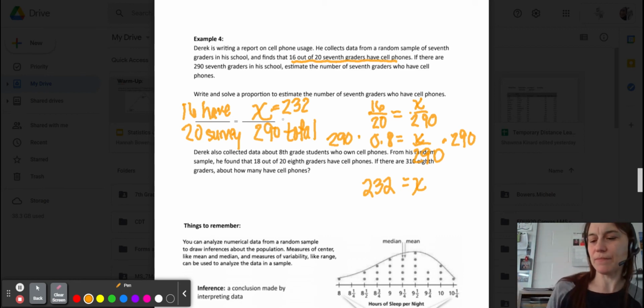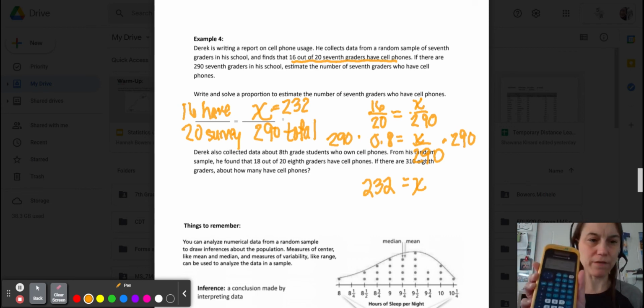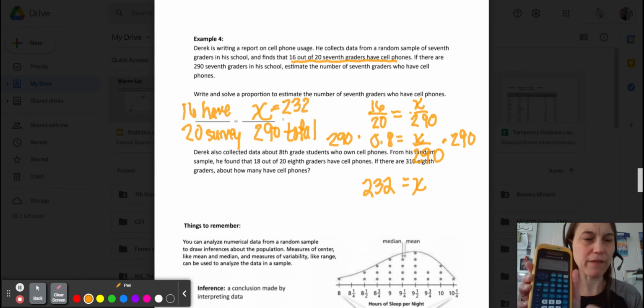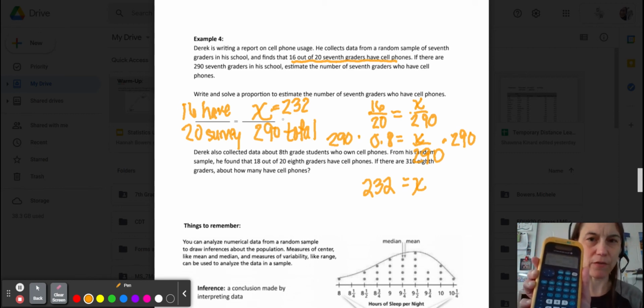I push simp, enter, and keep doing it until I get down to 4/5. So that means 4 out of 5 of the population have a cell phone. That's a significant number. It means only 1 out of 5 doesn't. So there's my simplified ratio.